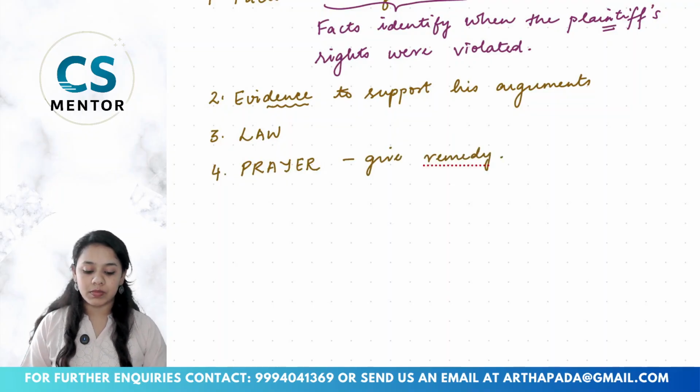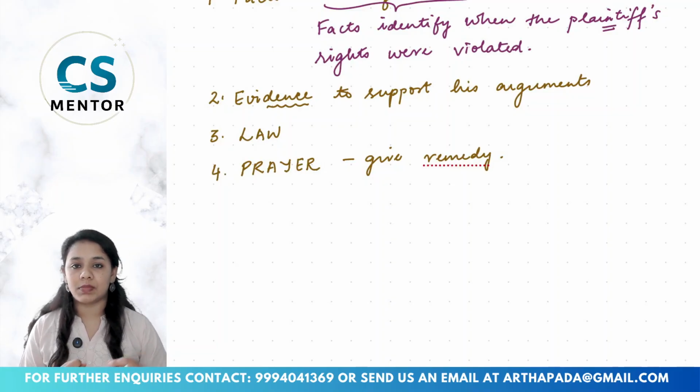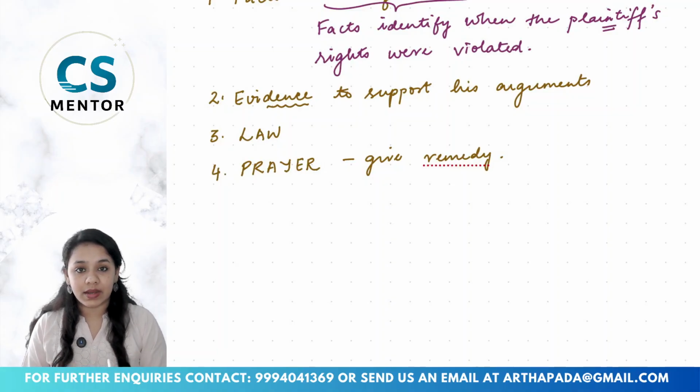So, what could be the remedy that Arun needs over here? First and foremost, Arun needs Bhaskar to stop doing the construction over there, so that his right to his own property is not being violated.